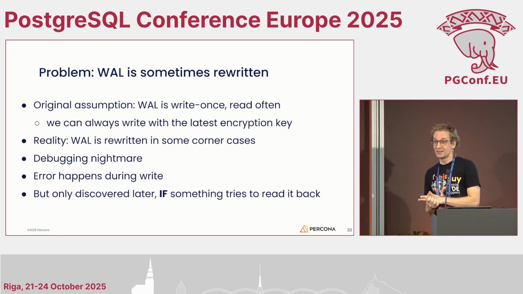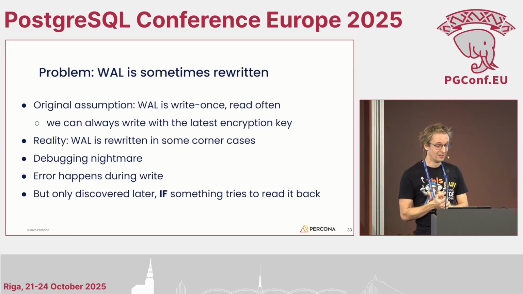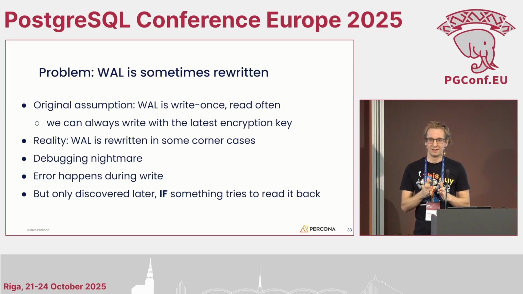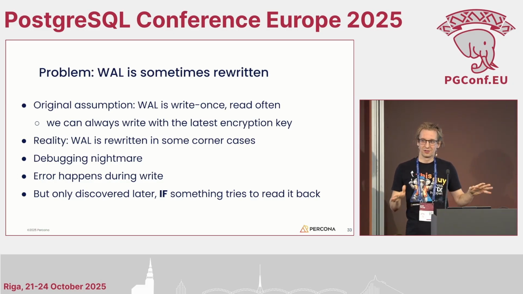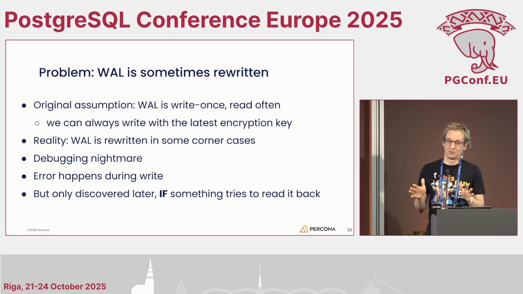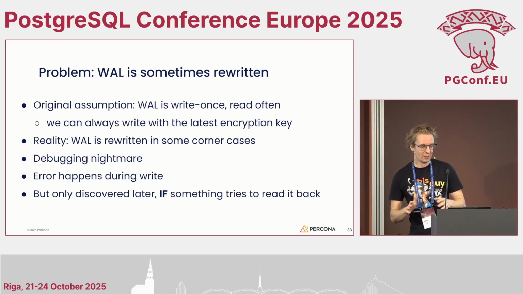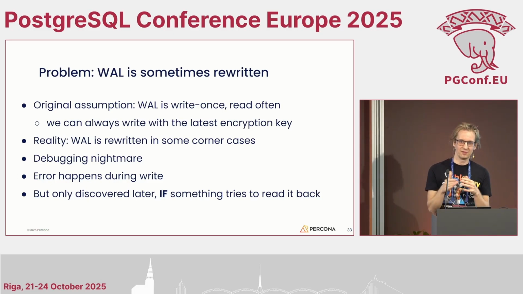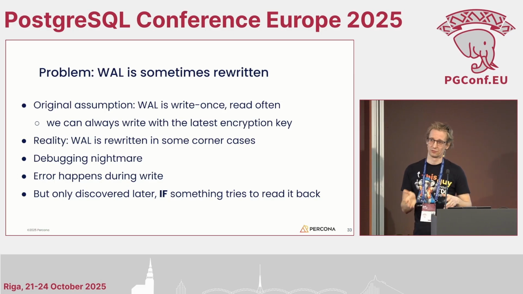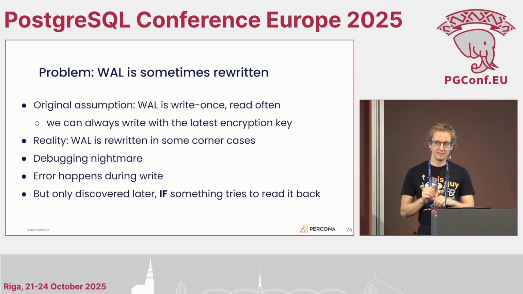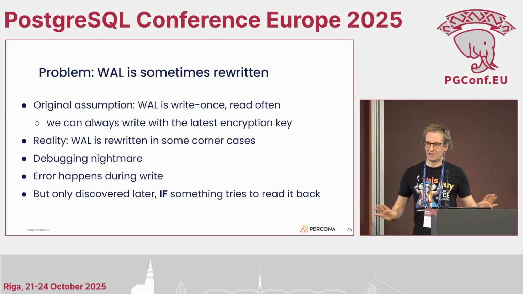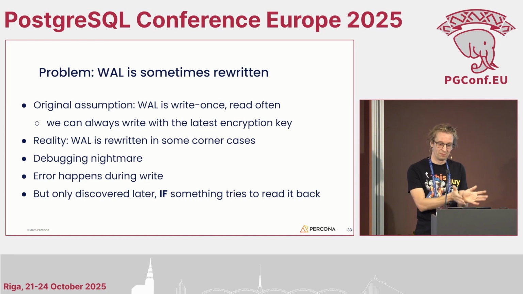And there's another interesting thing here, which is that WAL is sometimes rewritten. Most people think that WAL is a write once, read often type of thing. It's our safety net. So we write once, and then we read it back when we have to, because of replication, because of a crash, or because of something. And it never gets rewritten ever, because it's our source of truth.